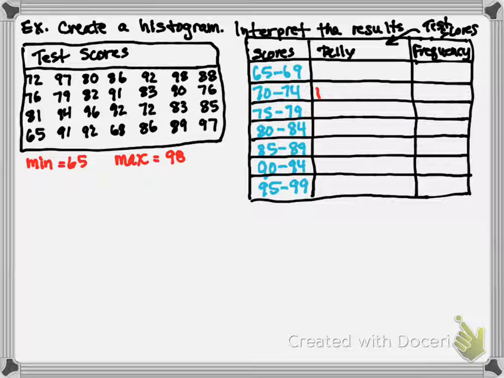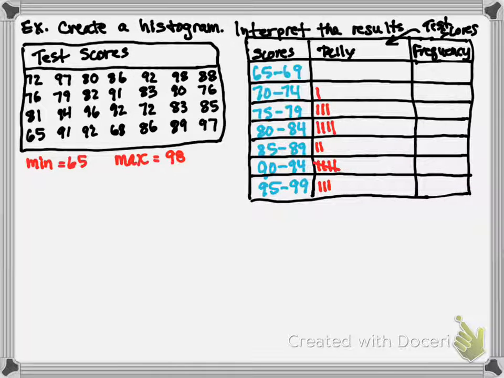72, 97, 80, 86, 92, 98, 88, 76, 79, 82, 91, 83, 90, 76, 81, 94, 96, 92.